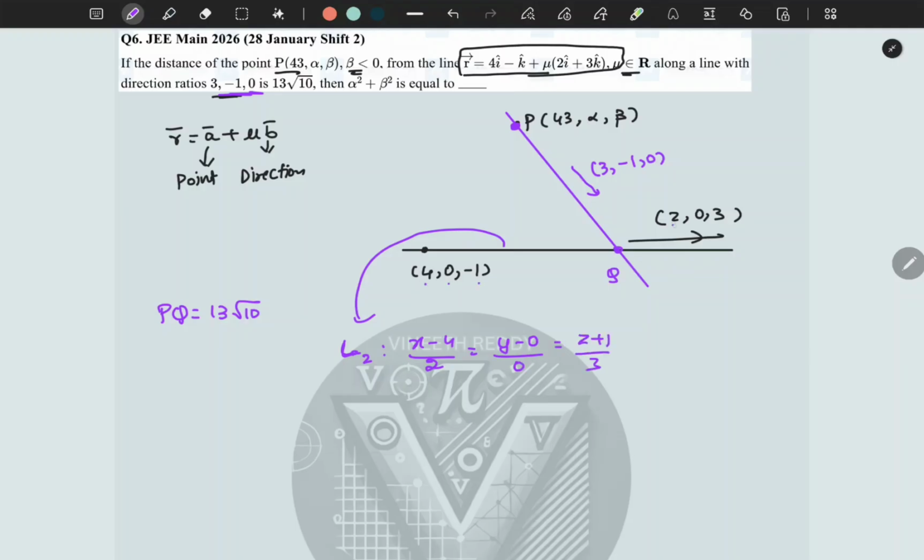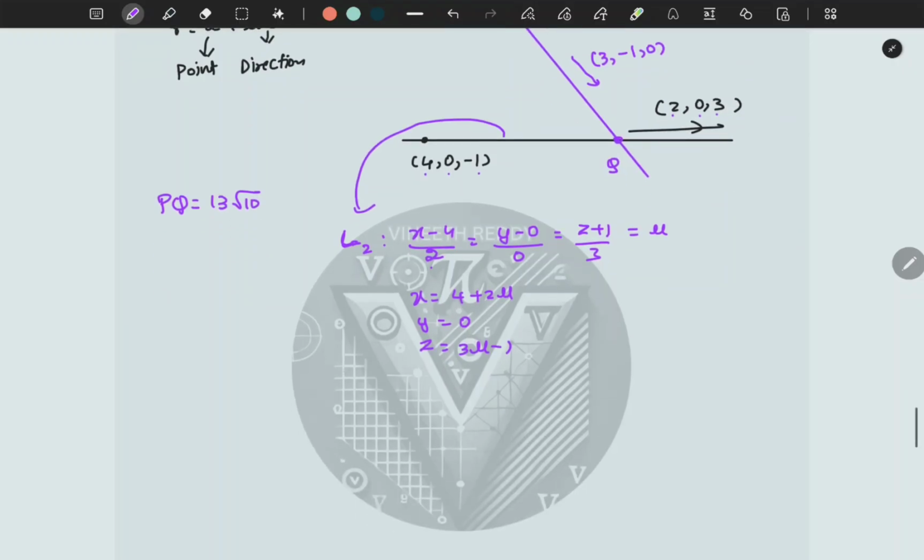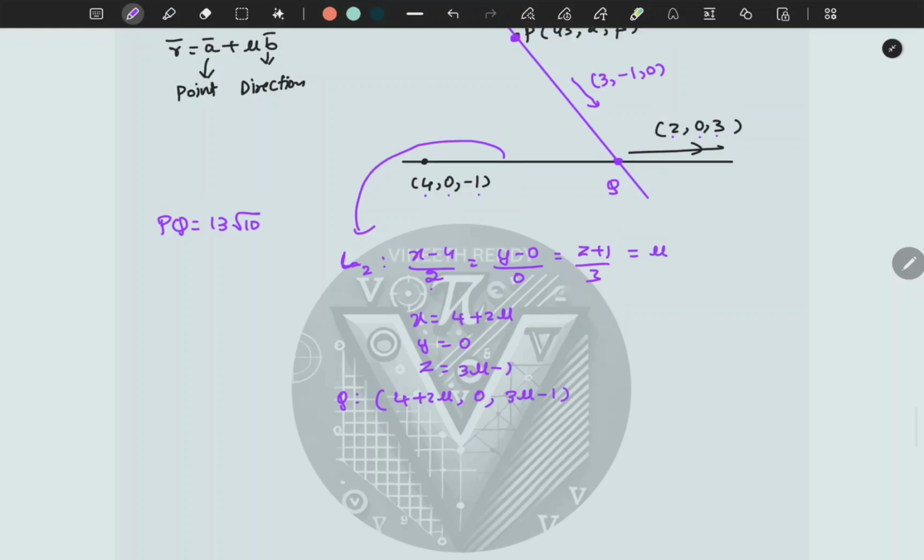This is x1, y1, z1, and this is a, b, c, right? So (x - x1)/a = (y - y1)/b = (z - z1)/c. Let us say this is mu. So x equals 4 plus 2 mu, y equals 0, and z equals 3 mu minus 1. I hope you are understanding this, students. So Q is nothing but (4 + 2 mu, y, 3 mu - 1).